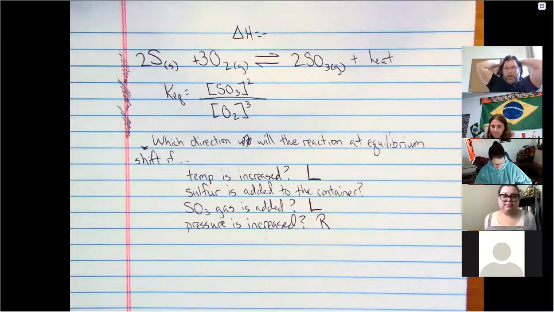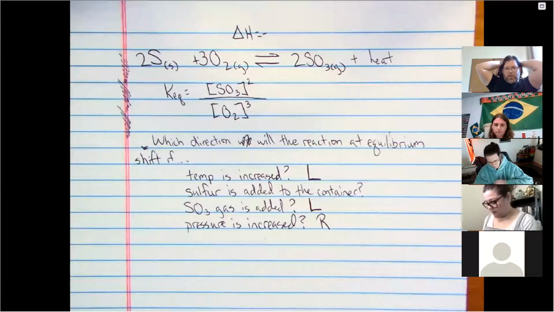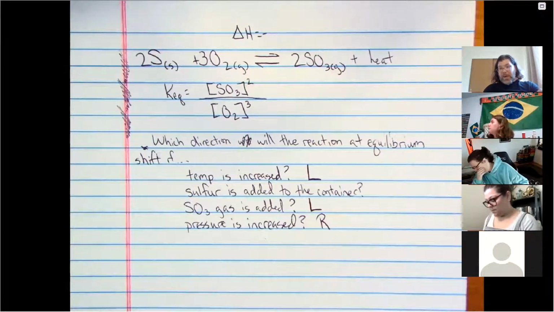Dr. Mas, sorry, I just want to clarify. So whichever side has the higher number of moles, the pressure will be greatest on that side. Shifting depends on whether the disturbance is a decrease in pressure or an increase in pressure.